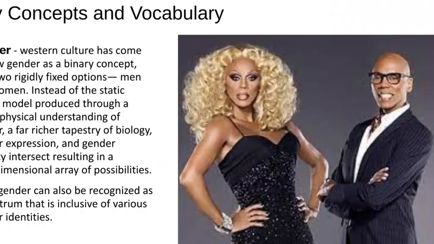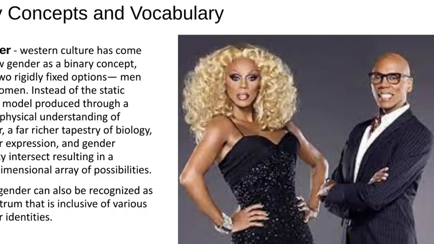Also related to that is gender. Western culture has come to view gender as a binary concept, meaning it sees it with two rigidly fixed options: men and women, instead of a static binary model produced through a solely physical understanding of gender. A far richer tapestry of biology, gender expression, and gender identity intersects, resulting in a multidimensional array of possibilities.